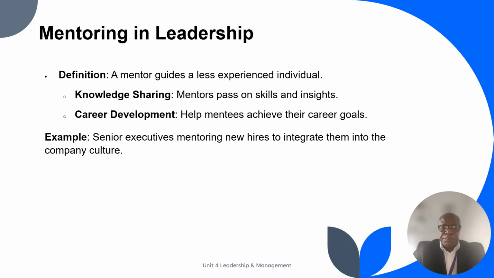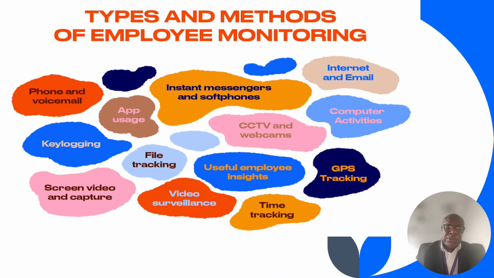So these are just some images of the different types and methods that you can use for employee mentoring. These are different methods you can use: a phone or voicemail, key login, an app, image messenger and soft phone, internet and email, computer activities, GPS tracking, video surveillance, CCTV.